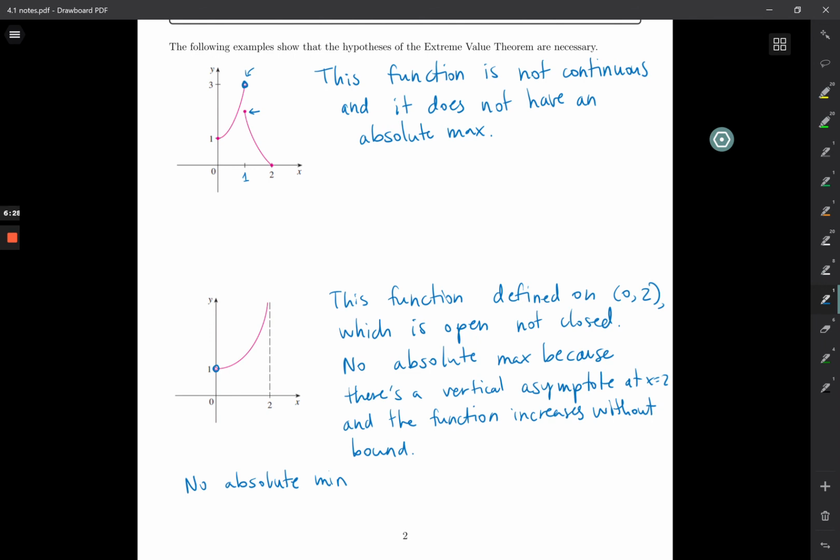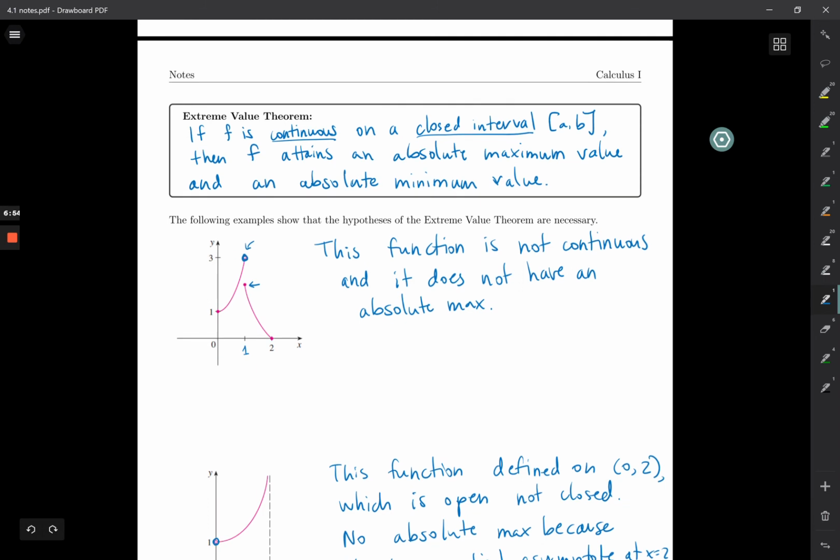So there's no absolute min because the function does not reach 1, the supposed minimum value that we would think it would have. Okay, so these two examples show us that we really do need both of these hypotheses.